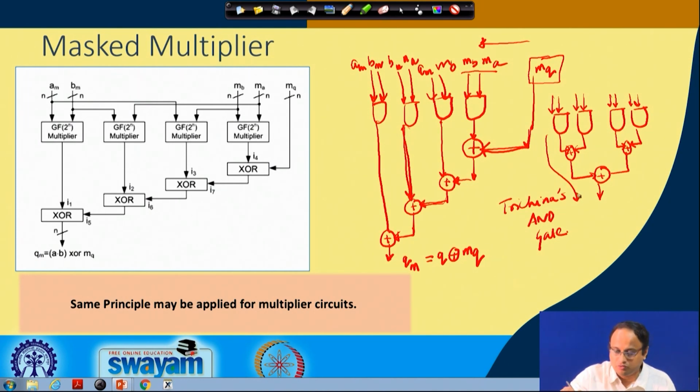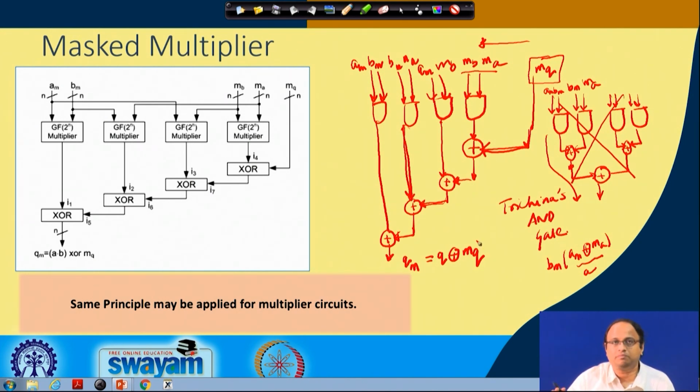But if you do that, then if you observe this point and this computation, say this is AM, this is BM, and this is BM, and this is MA. So again, this part is nothing but, if you take BM common, the XOR of AM and MA. And this part is again where you are exposing A. So therefore, this is a wrong approach.